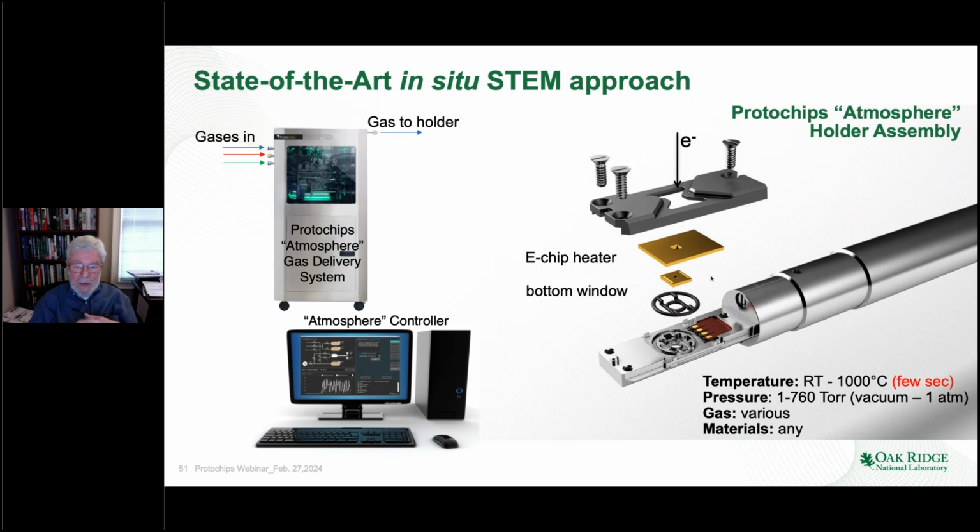I didn't want to spend a lot of time on the gas cell stuff, because that's going to be the principal focus of Dr. Kinga's talk at Unisoku in a couple of weeks.